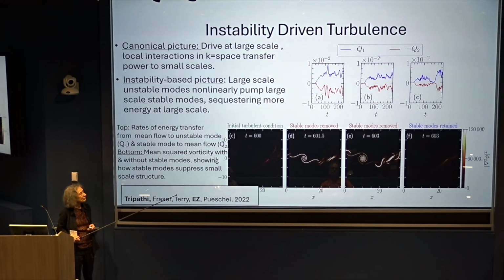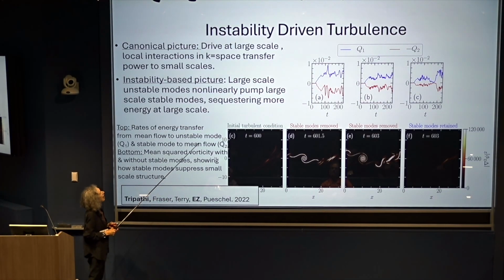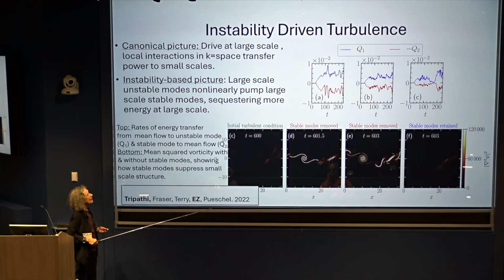Okay. So I want to say a little bit about turbulence driven by instability. The most common way of studying turbulence is to just take a box and stir it, apply some force, usually at a large scale, and then we get a cascade down to small scales.